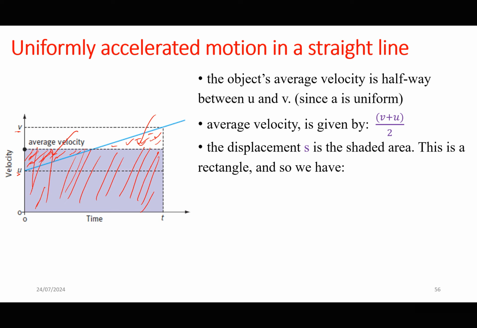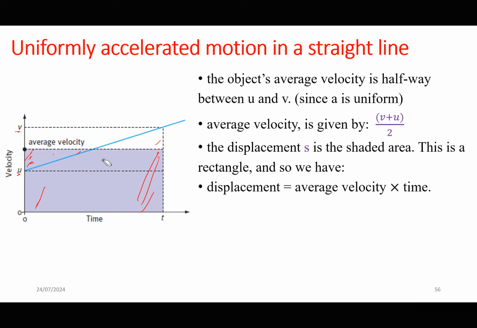Yet this other part is above the line. But I'm saying this part which is above the line is compensating for this part which is below the line. So it is as good as simply taking the area of the rectangle which is indicated here. So it means the displacement is going to be equal to the area of the rectangle.